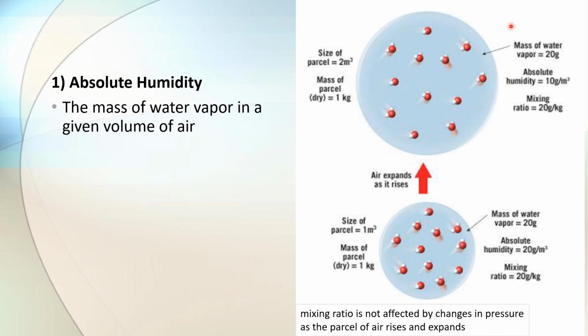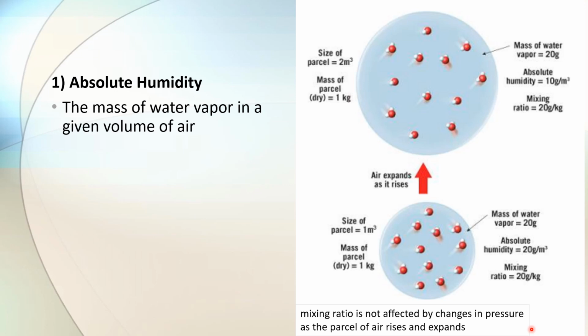So this volume of air changes, and the absolute humidity also changes, even if the water vapor is not changing, that is, there is no addition or removal of water vapor. In this situation, it's difficult to monitor the water vapor content of a moving mass of air when using this type of humidity index, the absolute humidity.